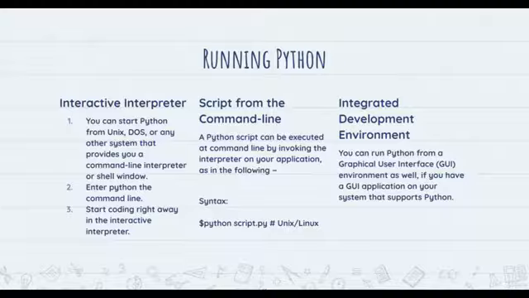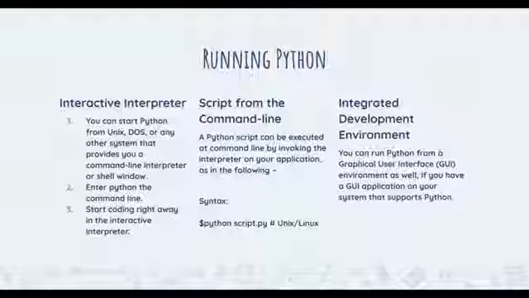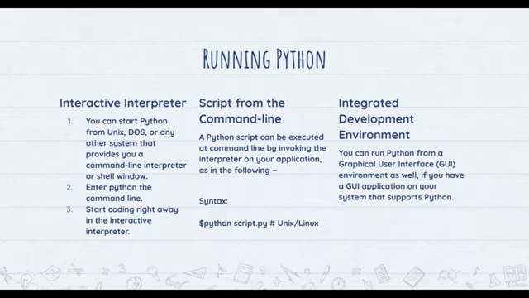Before I get into the commands, I would like to show you a couple of things. You can open the command line and start coding right away in the interactive interpreter. I would like to talk about something called command line options. There are so many command line options available for Python, but I would like to project a few of them in this tutorial.